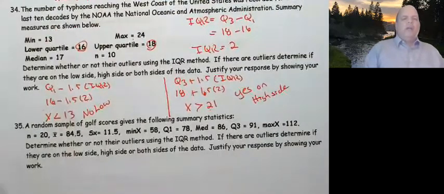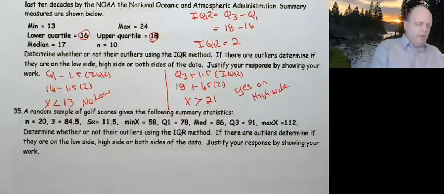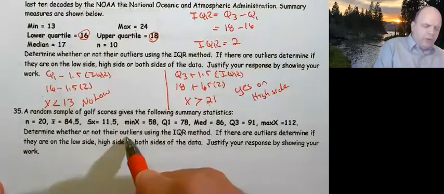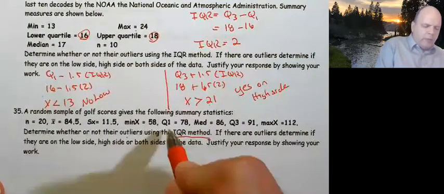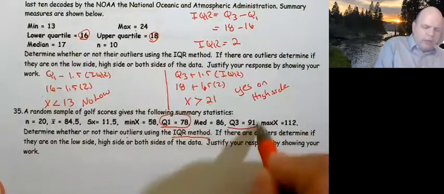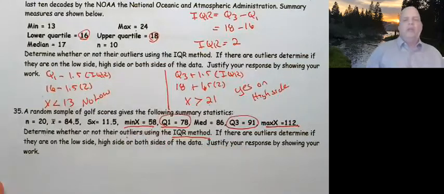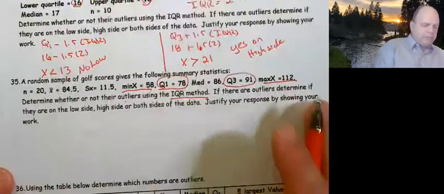All right, so now we have a random sample of golf scores given the following summary statistics. I'll come back to those values in a moment. Determine whether or not there are outliers using IQR. So to do that, I'm going to need Q1, I'm going to need Q3, and then we're going to need to compare to the max and compare to the min to determine whether or not there are any outliers. Okay, so first off, we need to calculate our IQR.